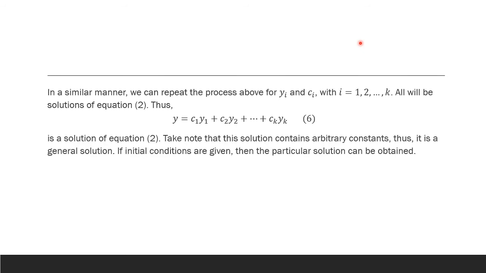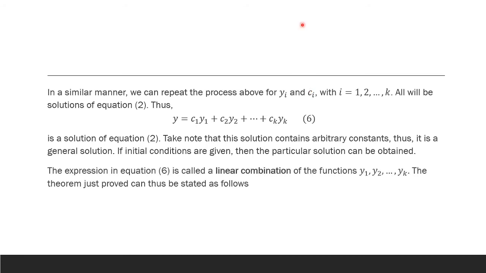Now, ang tawag natin dito ay linear combination. So, we call this linear combination because basically, it is a combination of different solutions. Now, take note, itong general form na to, or itong equation 6 natin, that is just the general solution.